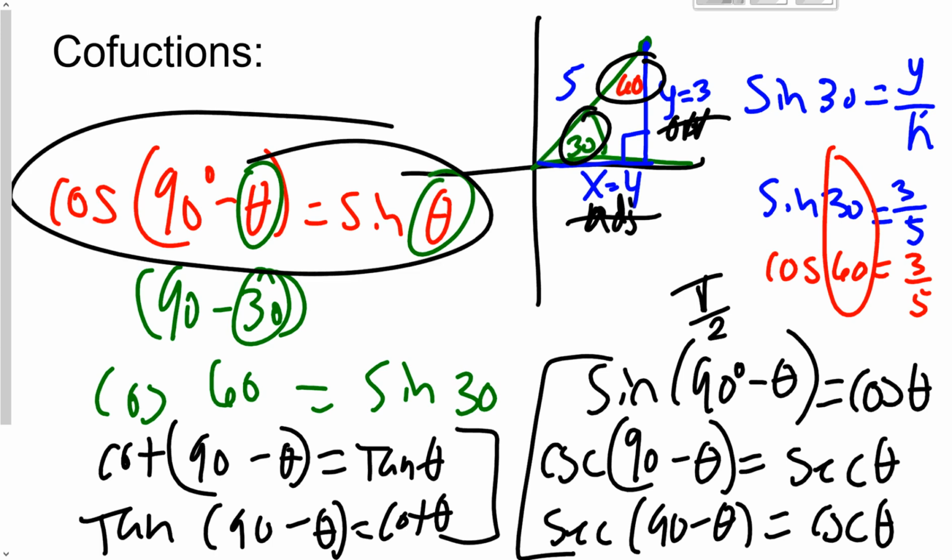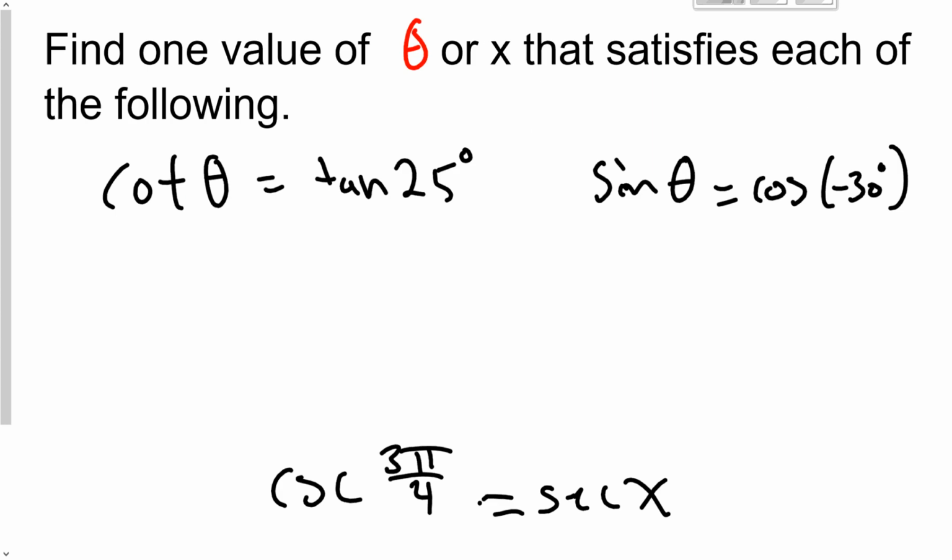So we can use this just like what we did in chapter 5. We use these as well, but we can use them here as identities. So let's go ahead and practice a couple like this. We want to find the value of theta or x that satisfies each of the following.